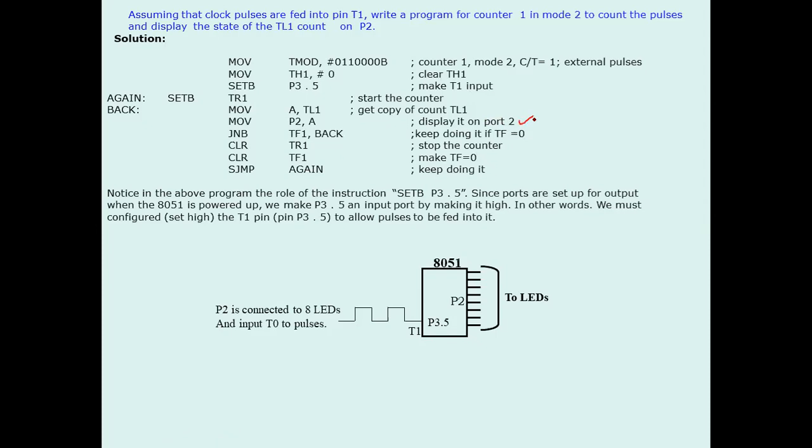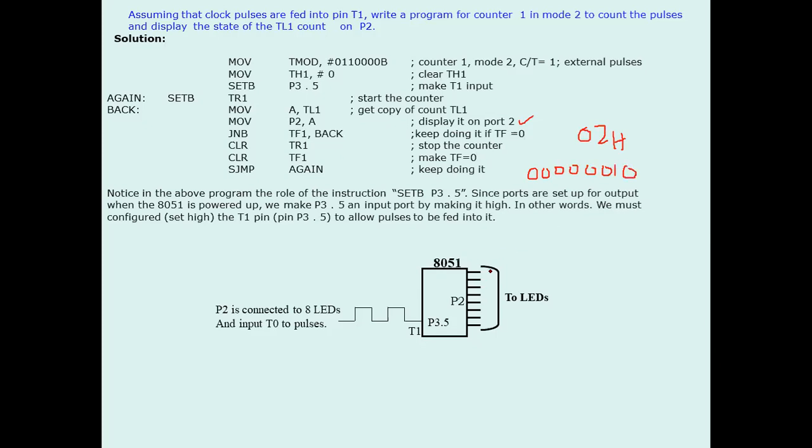Now, what is the use of LEDs? Suppose it is counting 02. If it is converted into binary form, it will come like 0000 0010.